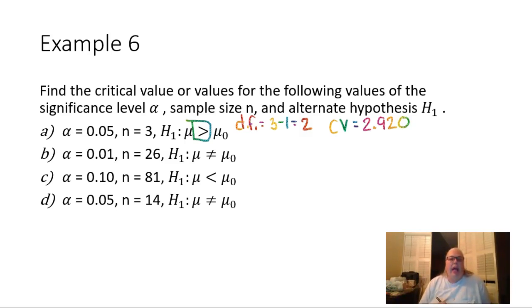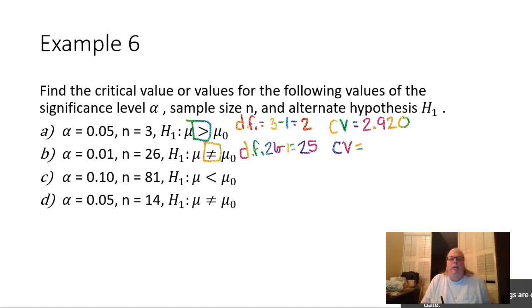Part B, alpha is equal to 0.01, n is equal to 26, and the alternate hypothesis mu is not equal to mu 0. That makes this a two-tailed test. The degrees of freedom will be 25, and our critical value we can find on table A3.